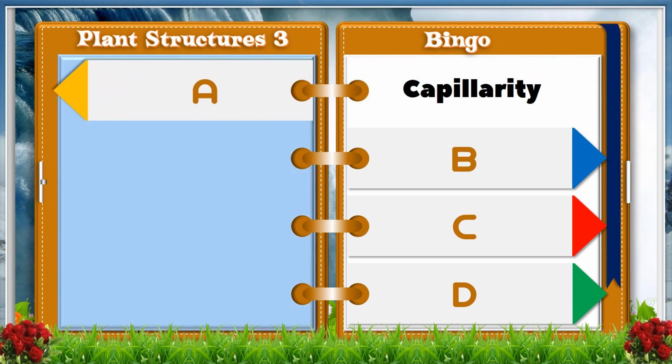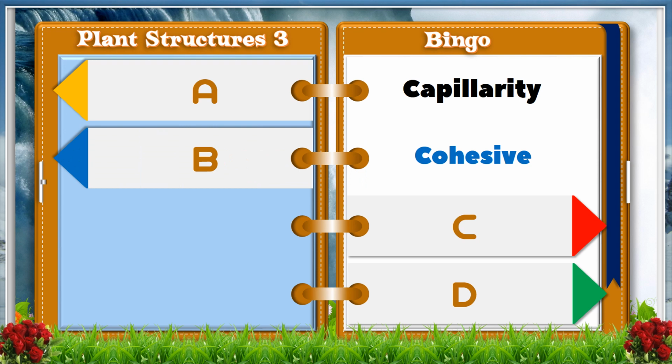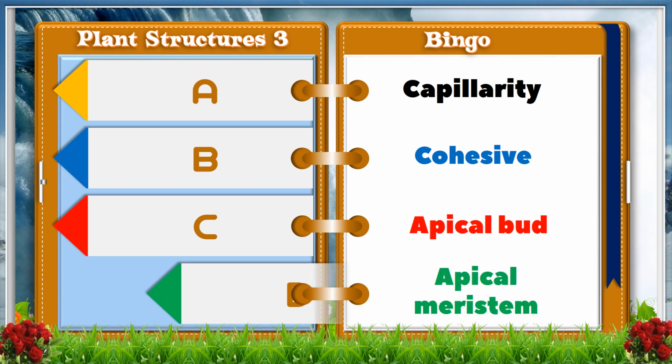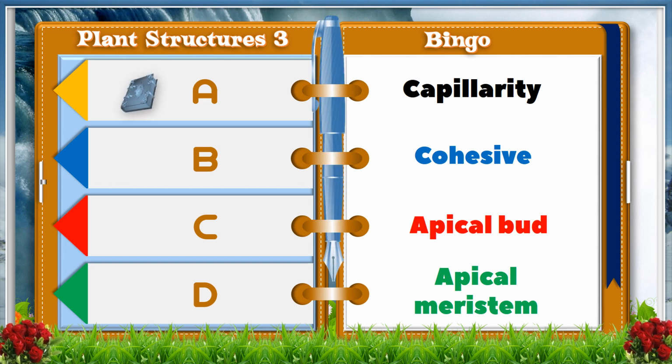A. Capillarity. B. Cohesive. C. Apical bud. D. Apical meristem. And the answer is A. Capillarity.